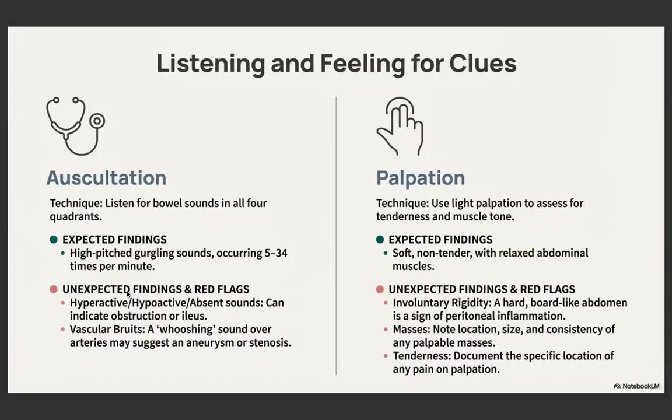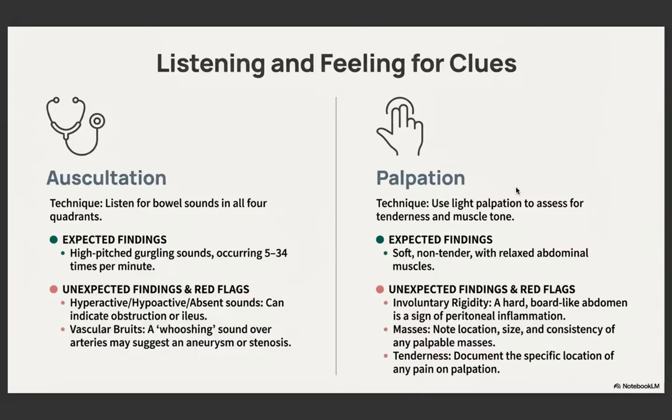Anything above 34 is hyperactive. Also, there are times where you might hear whooshing in certain areas of the body, like if you were listening over the kidneys in the back, and sometimes over the abdominal aorta, and that whooshing sound is relatively indicative of some sort of aneurysm or stenosis.